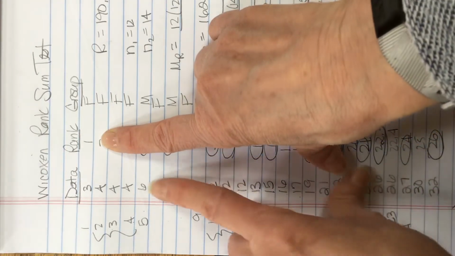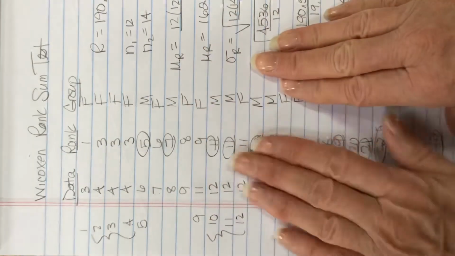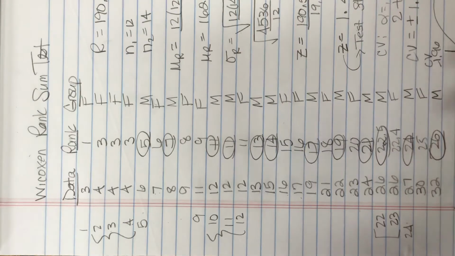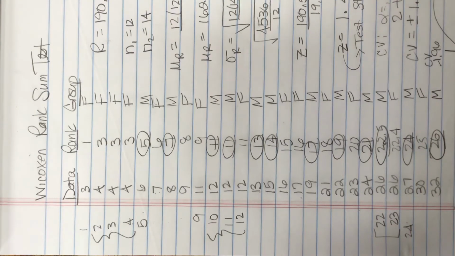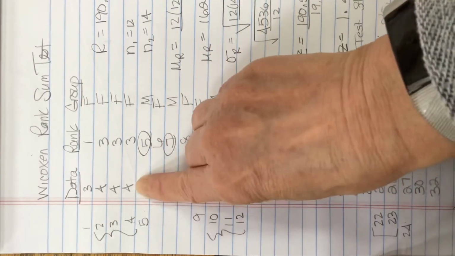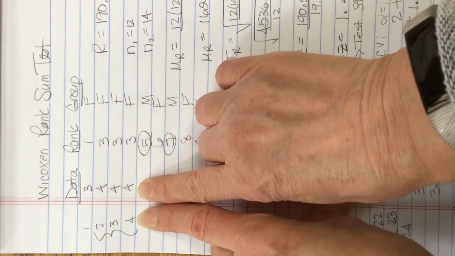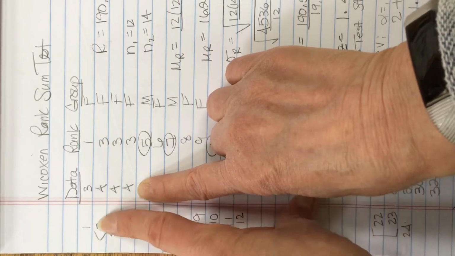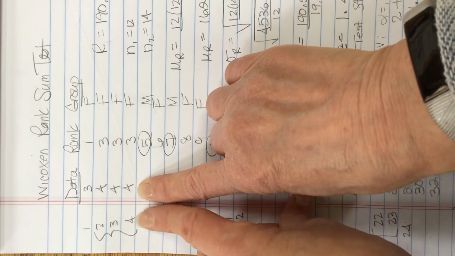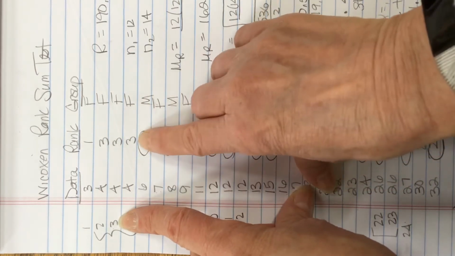Here's the rankings, and I stayed with the data that I changed. So those numbers I changed when I posted, you're going to stay with. These first four numbers should be ranked 1, 2, 3, 4. But because there are three 4s, you average the ranks and they all get the same rank of 3.